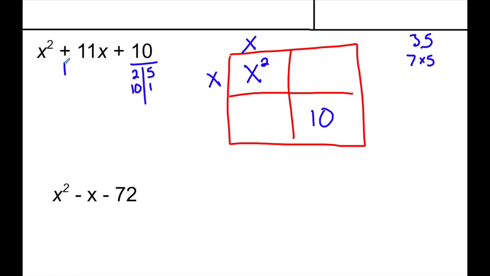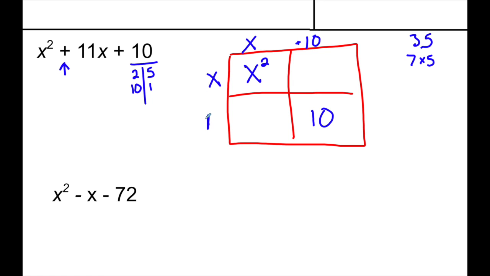But because the numbers have to add up to a positive, I know they're both positives, because only a positive plus a positive equals a positive. So now I've got a 2 here and a 5 here. Let's say I tried that. Well, I would get 5x and 2x, but those don't add up to 11x. So in this case, I need to use 1 and 10.